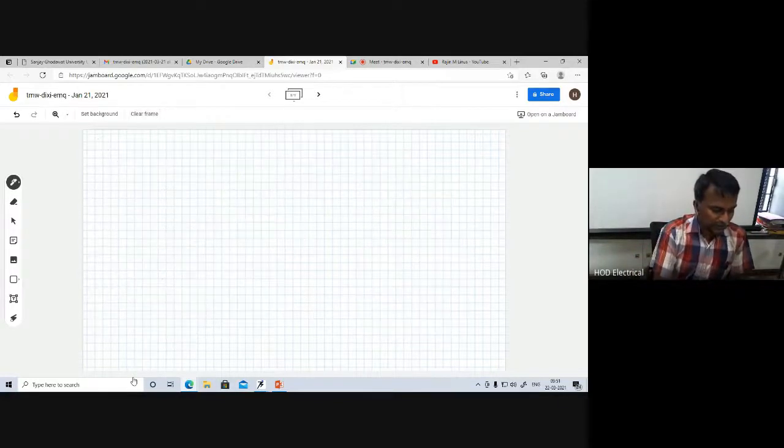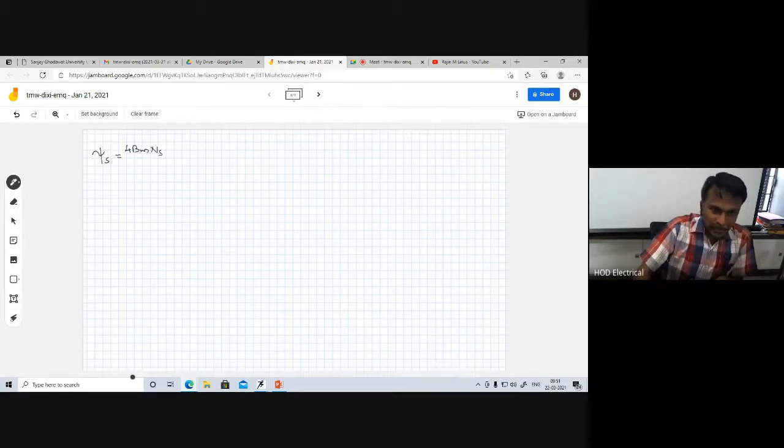For this flux density waveform, we end up with the equation psi s equal to 4 Bm Ns R L divided by pi, into the summation n equal to 1 to infinity of cos of (2n minus 1) gamma divided by (2n minus 1) squared, into 1 minus cos of (2n minus 1) beta.